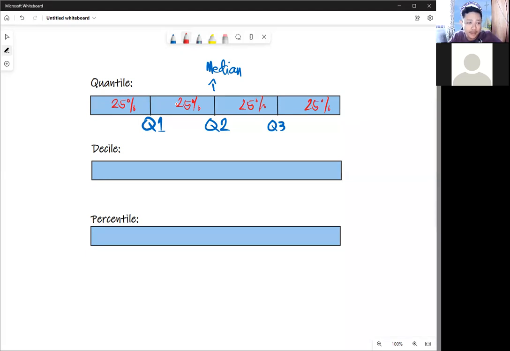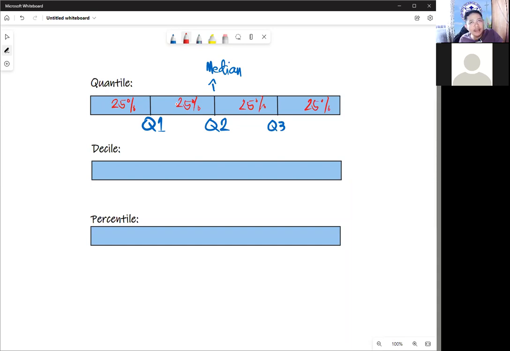Let's move on now with our decile. Decile, from the word itself. How many divisions are there in this set of data? When we say data, how many parts will there be when we are talking about decile? Make an intellectual guess.